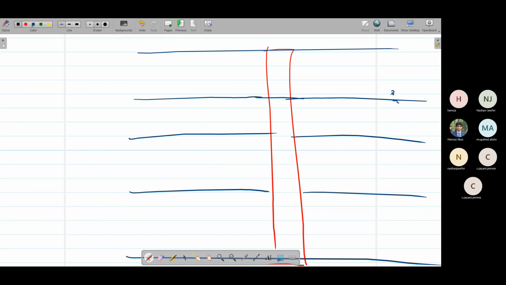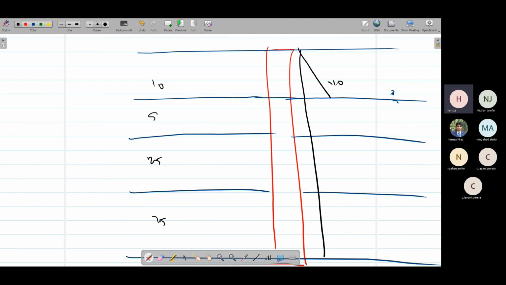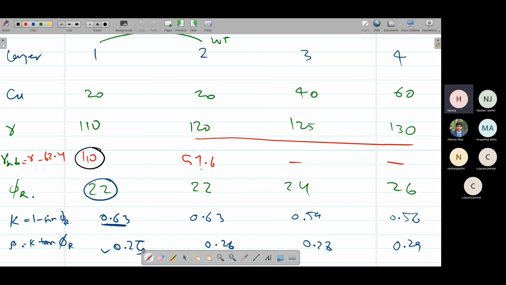So what would be the overburden in the first layer? From 0, this is like 10 feet, this is like 5 feet, 25, 25. So 10 times the first gamma, 110. 10 times 110 is 1100. So here no critical depth concept would be used, we only add. For the second layer, suppose gamma submerged was almost 50.